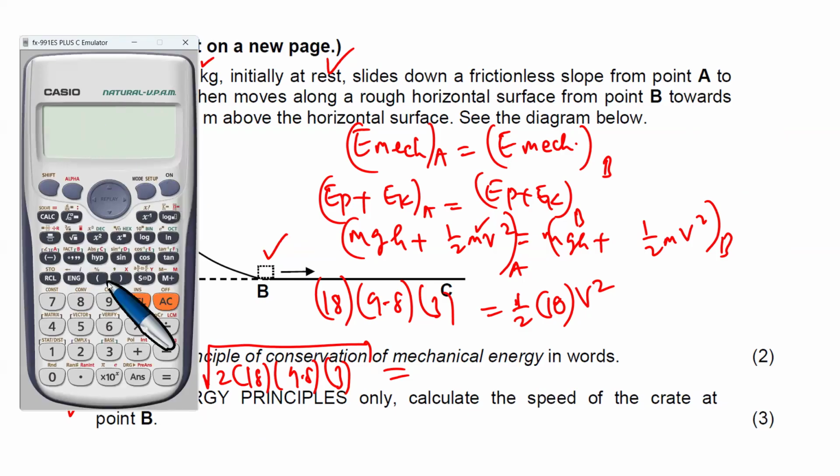Right, so it is the square root of 2 by 18 by 9.8 by 3.